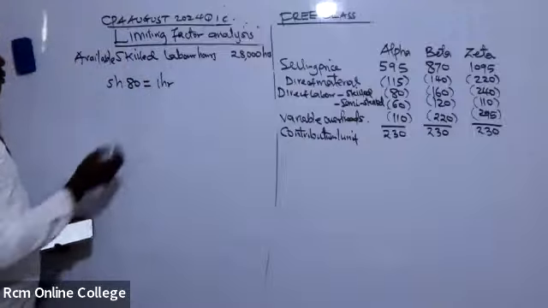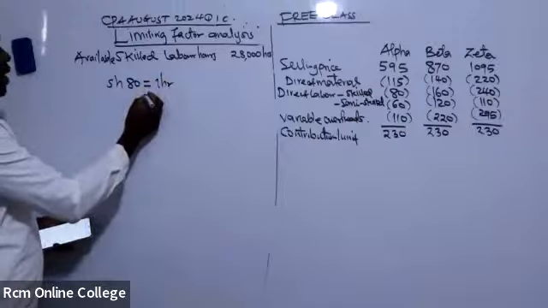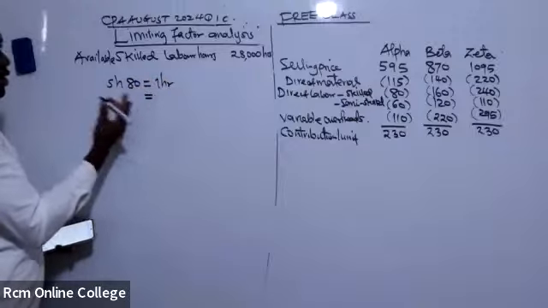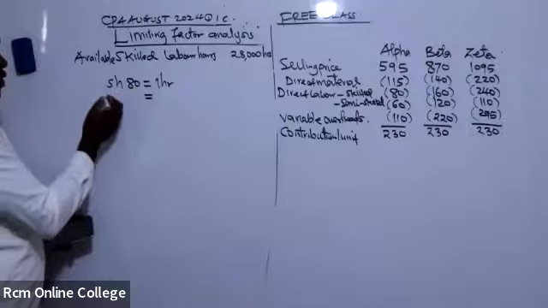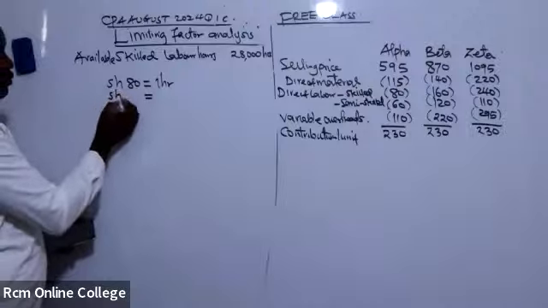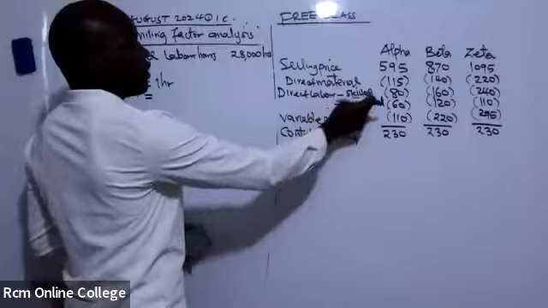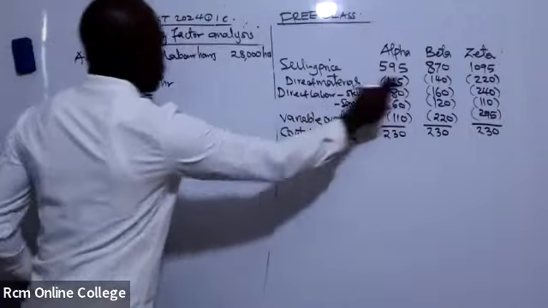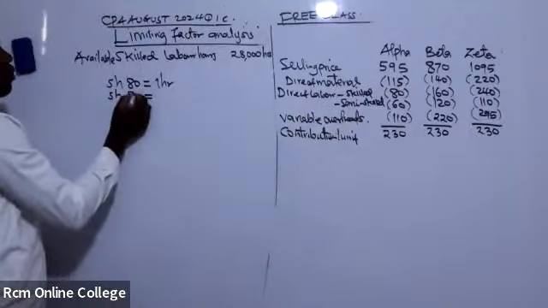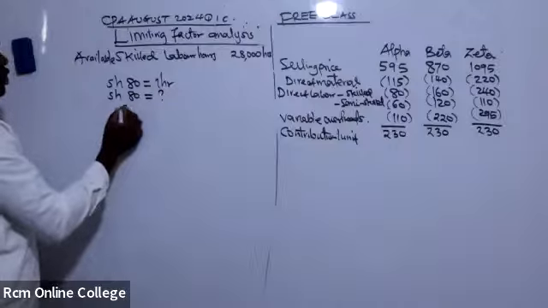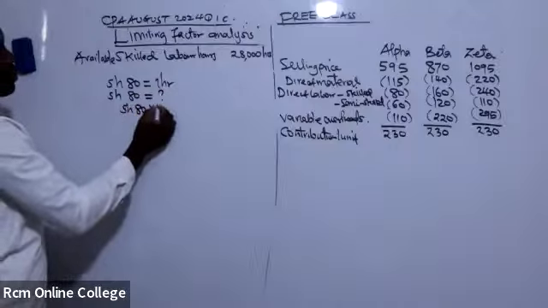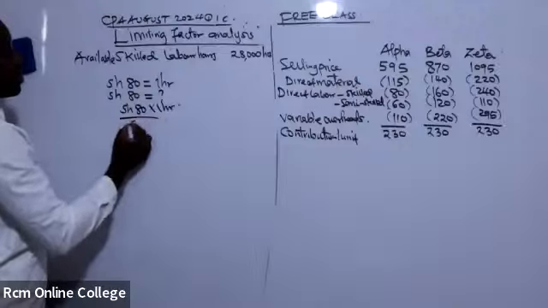The company paid 80 shillings in skilled labor to produce alpha. So how many hours are those? Shillings 80 times 1 hour over shillings 80.